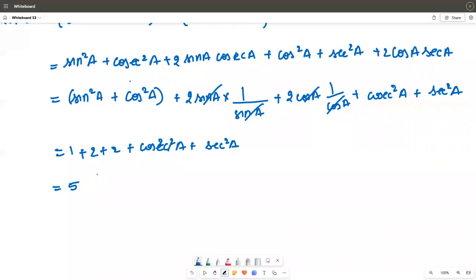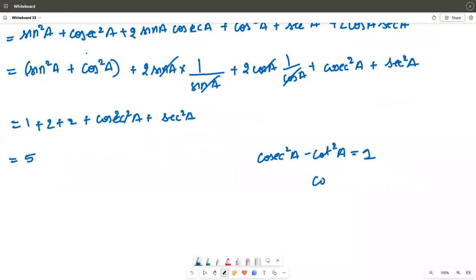And we know that cosec square A is equal to 1 plus cot square A. Let's write it again. We know that cosec square A minus cot square A is equal to 1.